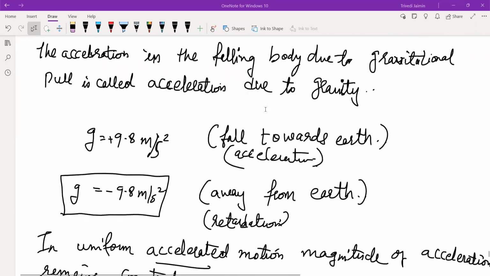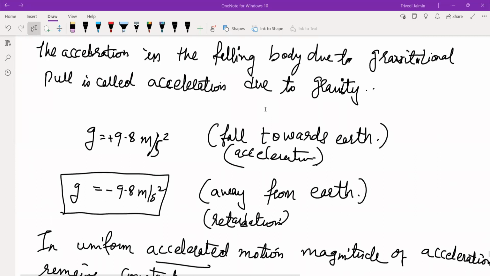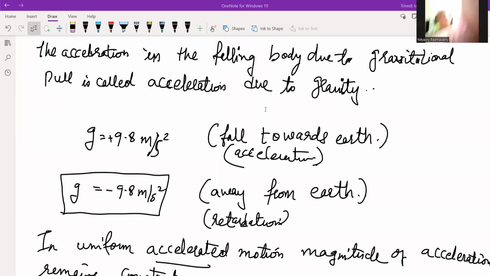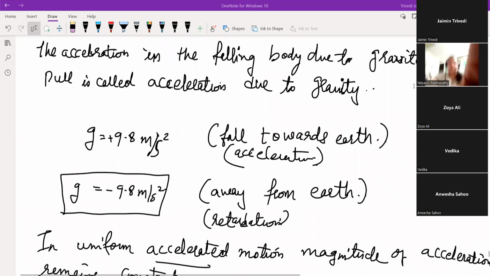Now, if something is falling from the sky, and this is the earth, if it goes like this and attaches over here, is that possible? Possible, why not?